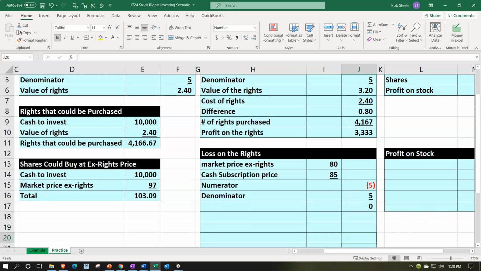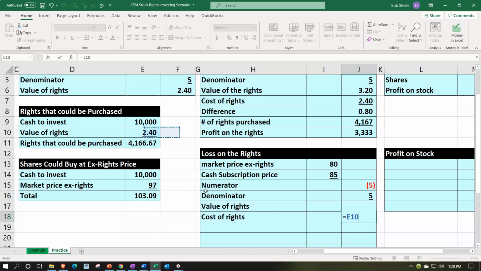So the cost, and then of course, if you pick up the cost of the right, that's going to be the value of the right, which would be 0. It has a negative value. So the cost, it cost us then the 2.4. Let's add a couple decimals there, and then the number of rights that we purchased.